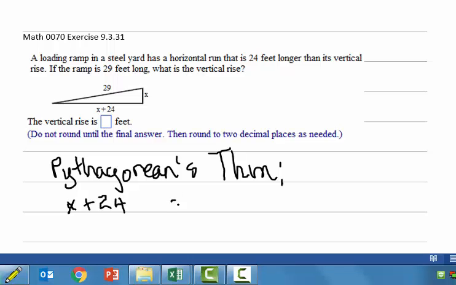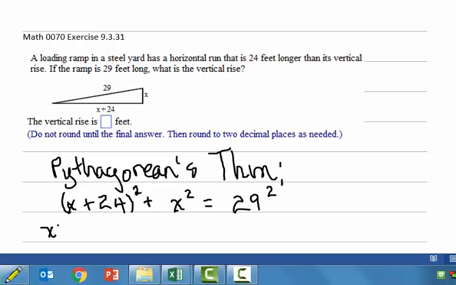Those are the two sides that form the right triangle, and the hypotenuse is 29. So Pythagorean's theorem says the sum of the squares of the legs equals the square of the hypotenuse.